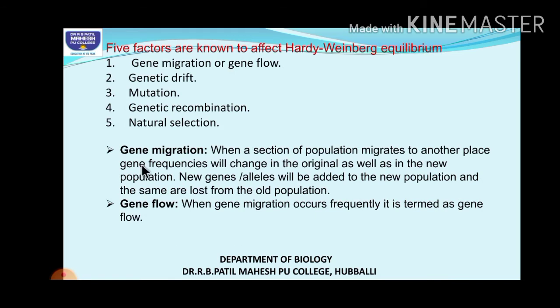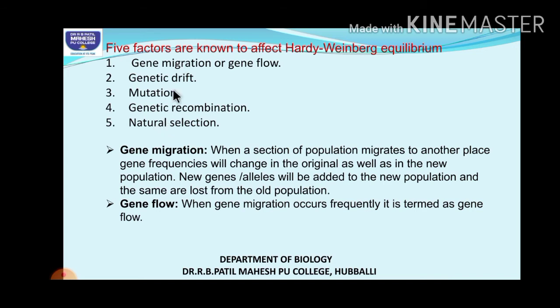Then see, these are the 5 factors which affect Hardy-Weinberg equilibrium. One is gene migration or gene flow, genetic drift, mutation, genetic recombination, natural selection. Many a times only mentioning the factors is asked, okay. So they have asked any 4 factors. Read all these 5 factors, okay.